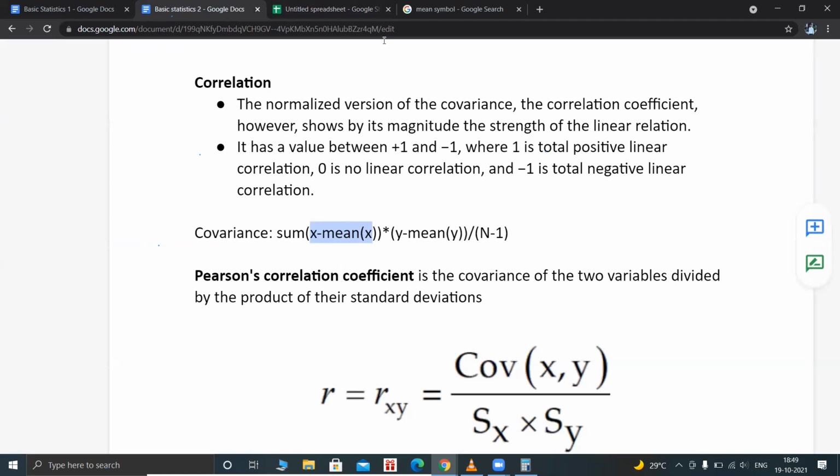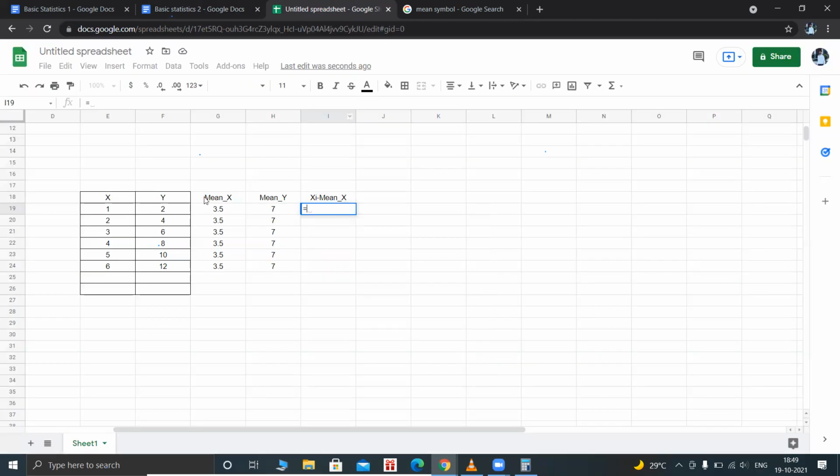Guys, can you solve this one? It is just the difference from the actual points to the mean. That is 1 minus 3.5. What is the value of 1 minus 3.5, guys? It is minus 2.5. For 2 minus 3.5, it is minus 1.5.